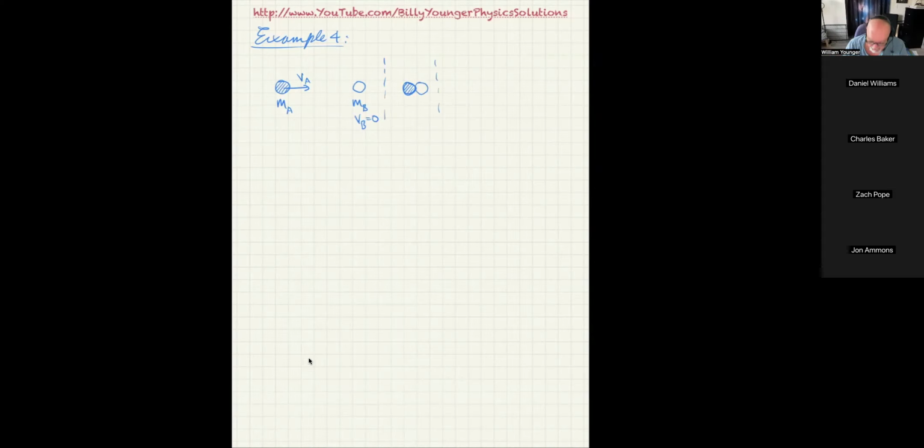Again, that's going to give us a collision. And then after the collision, what we're going to get is these balls moving at some new speeds.